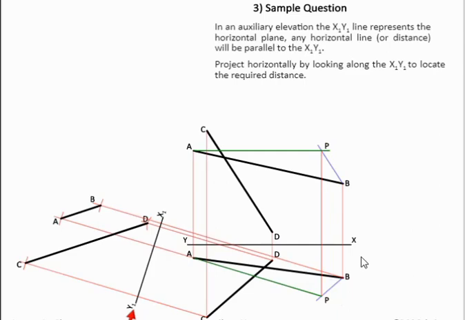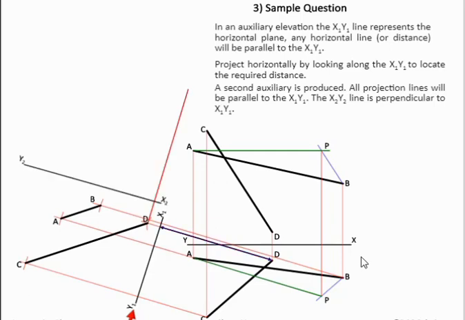Then we're looking for the shortest horizontal distance again in this question. So you're going 90 degrees to x1, y1, and then project up our second auxiliary by getting our measurements from our previous xy line back the way.